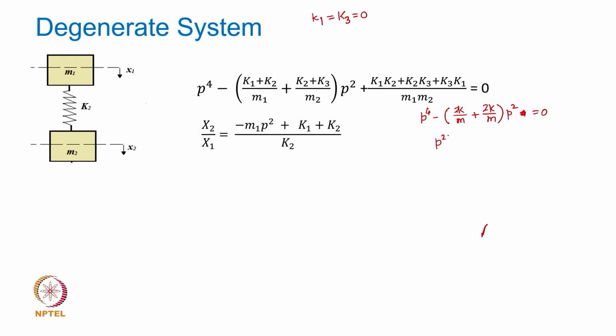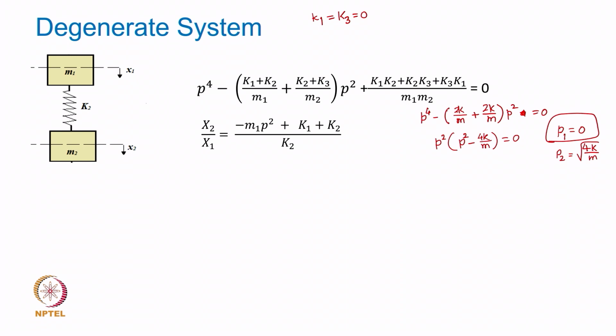Then you have p square minus, what will that be, 2k over m, sorry, 4k over m, right, equal to 0. Now, by solving this you have the two natural frequencies, so p1 equal to 0 and p2 equal to square root of 4k over m. The second one is of course this, but what is the first natural frequency? 0.